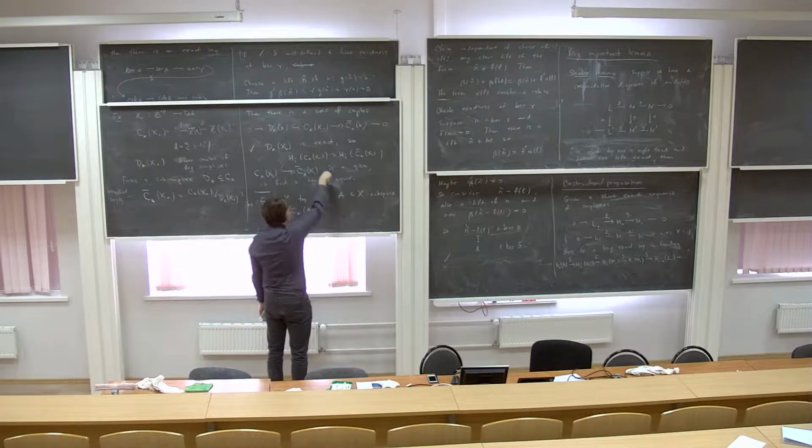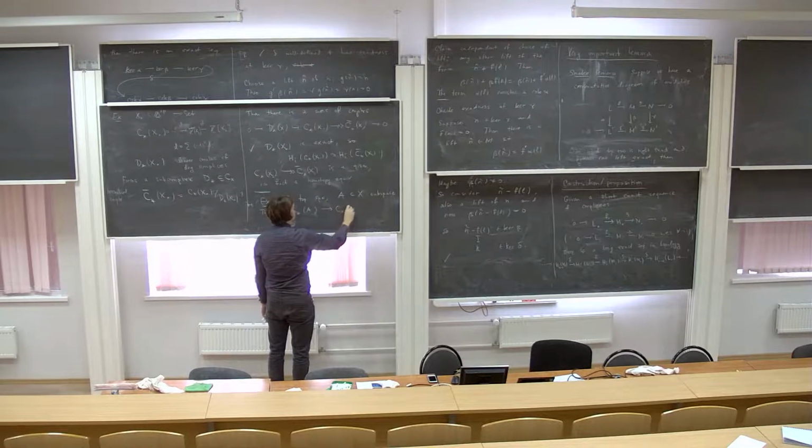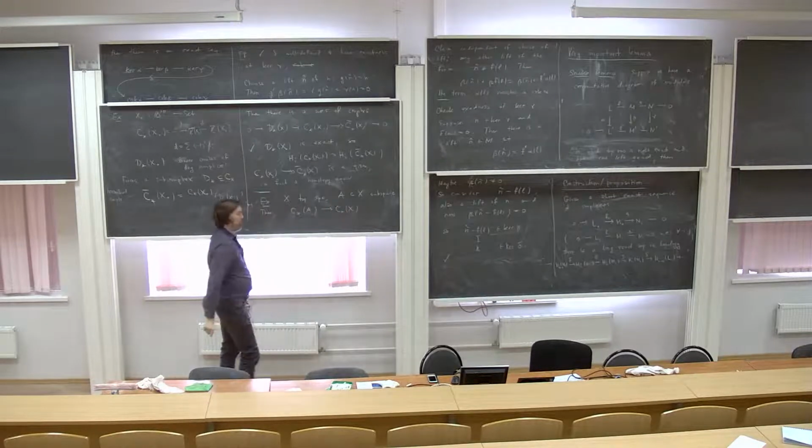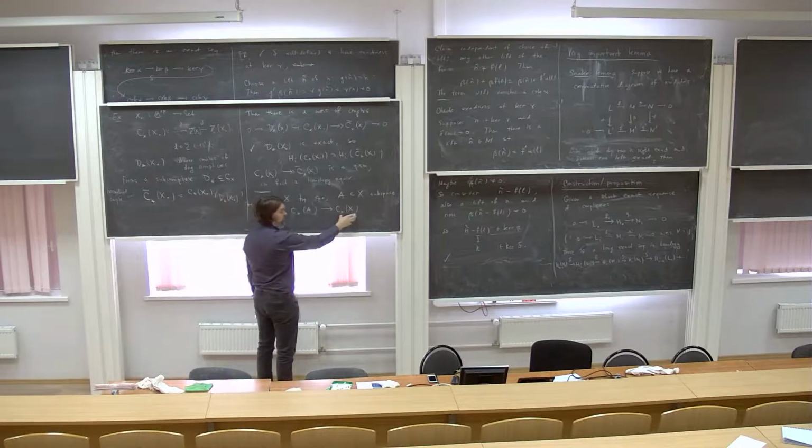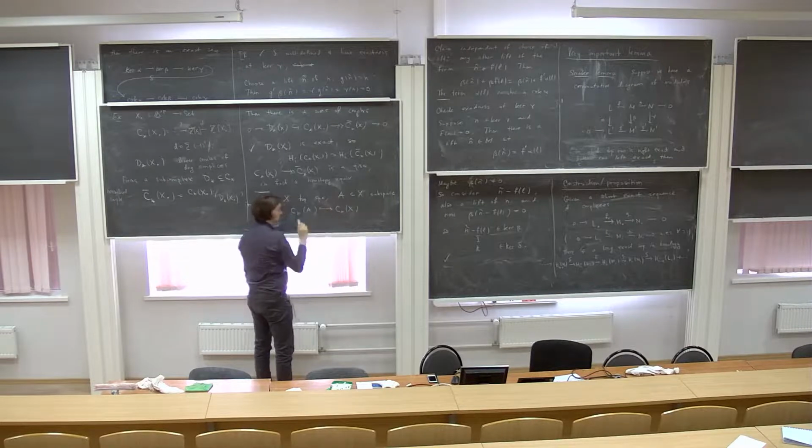Because if I have a map from an n-simplex into A, I can compose with inclusion, I get a map from singular chains in A to singular chains in X. And this is free on those chains in each degree, so this is an inclusion.